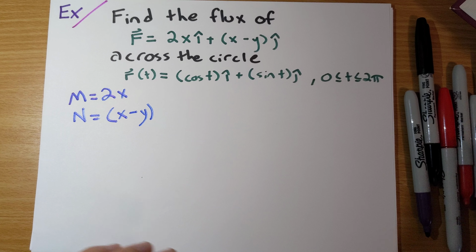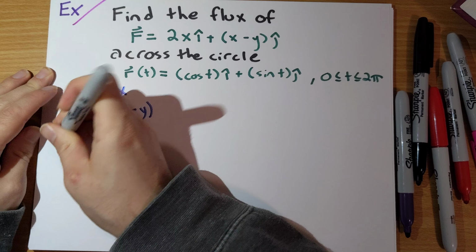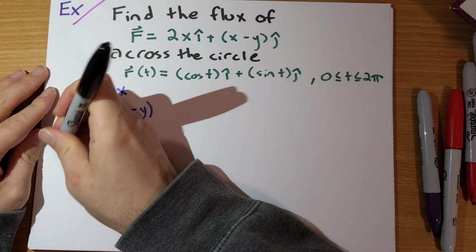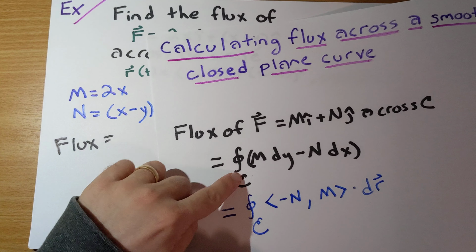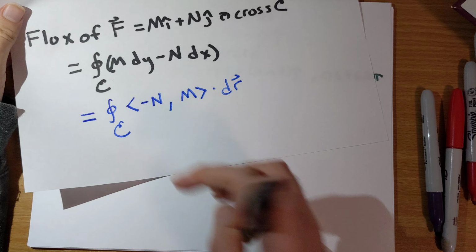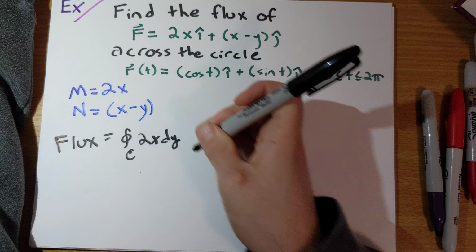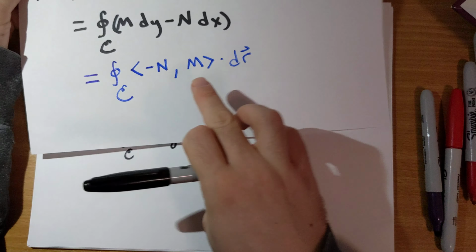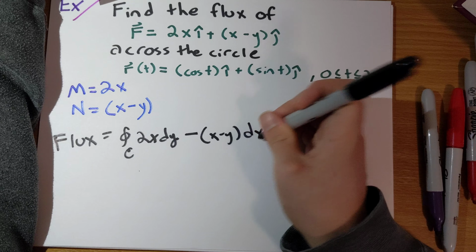So what we have here is that our flux is equal to the integral of m dy, so that's 2x dy, minus x minus y dx.